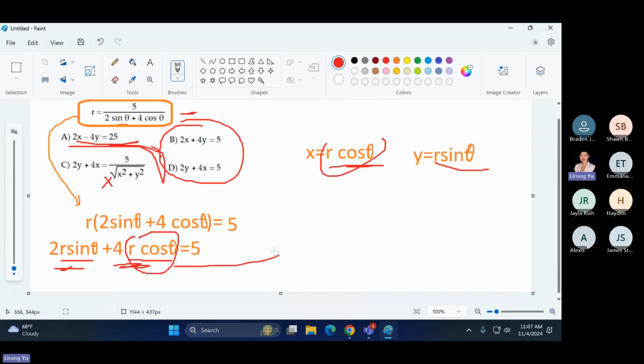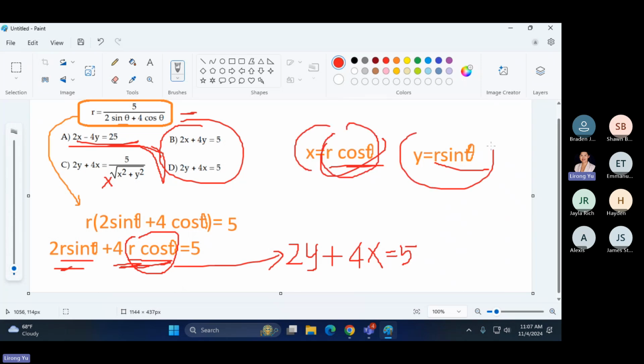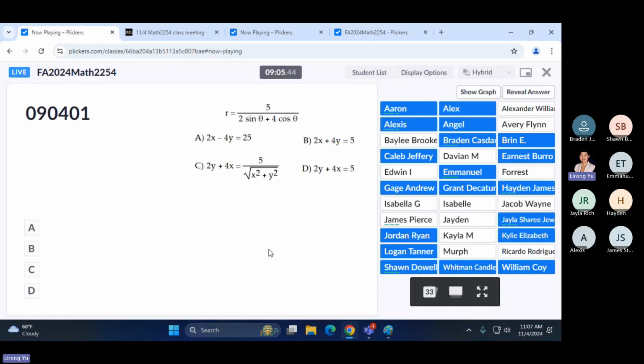So that's really 2 times y plus 4x equal to 5, because r times cosine is x, and then r times sine is y. So the equation should be 2y plus 4x equal to 5. So the answer should be D.